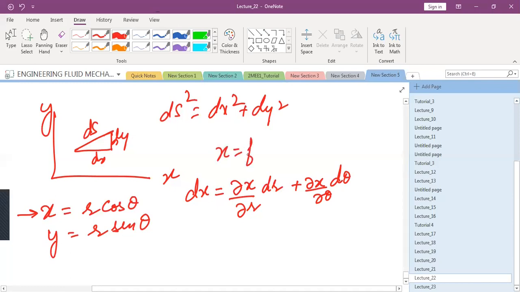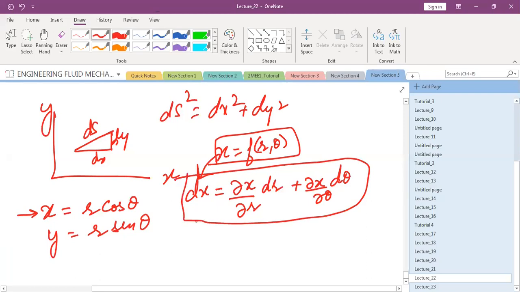x is a function of r and theta. If I take dx, this can be written as this. What is curly x by curly r? Taking the derivative of this equation partially with respect to r, this will be cos theta.